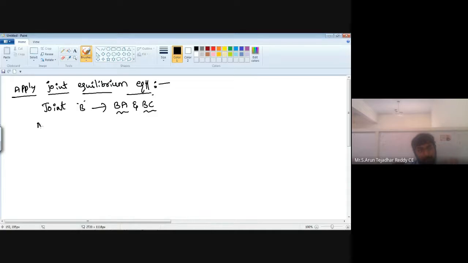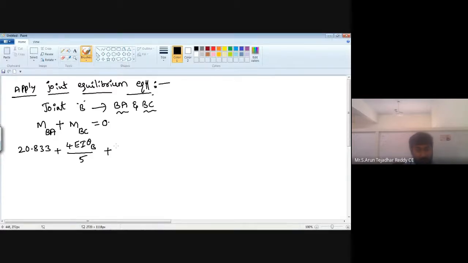So MBA plus MBC is equal to 0. Now, all of you observe the MBA equation. What is the MBA equation? We got 20.833 plus 4EI theta B by 5. This is our MBA equation.